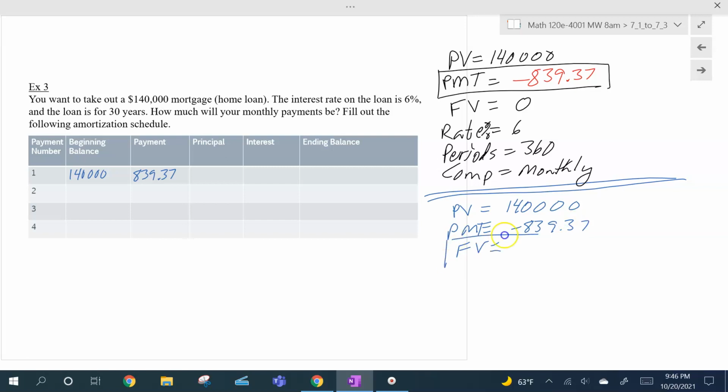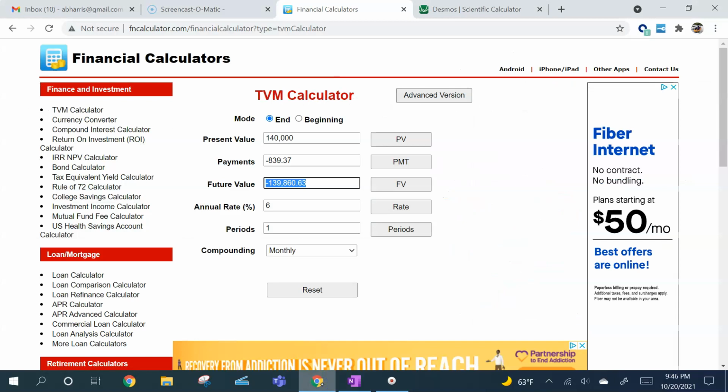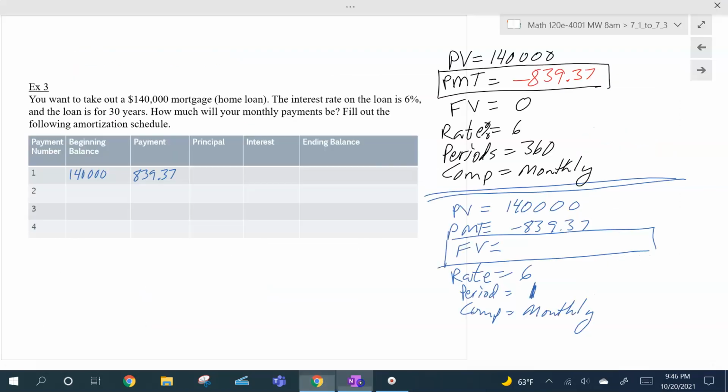I click on what's my future value if I make one payment. This is compounding monthly. If I make one payment, right? And so we did that, and we got 139,860.63.